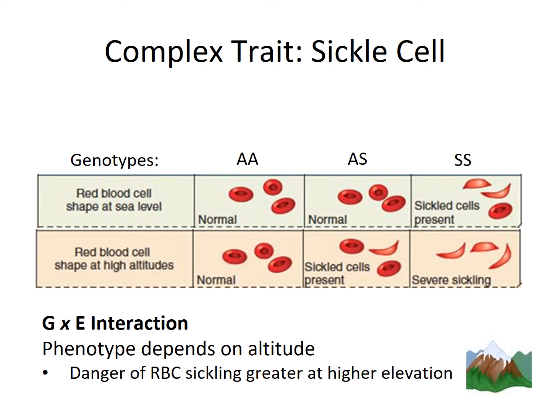So the gene underlies the shape of the red blood cells and the capacity for them to sickle, but the environment is how much oxygen is present. And so we have a complex combination of things going on, the genotype and also the oxygen level. The oxygen level represents a gene by environment interaction where the phenotype of the red blood cell depends on the altitude. There's a danger of sickling at higher elevations.